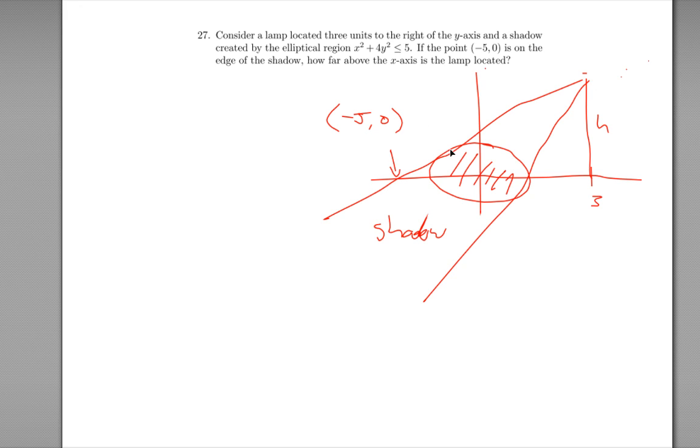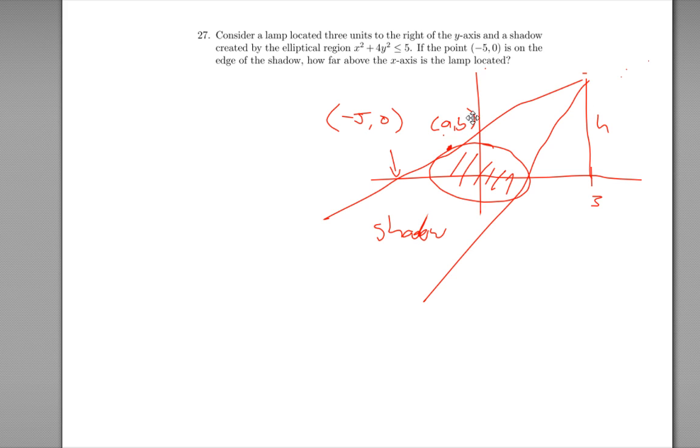I know it doesn't look like a tangent line, but it's a tangent line to this ellipse at that point, and we'll call that point (a, b). Okay, so this comes from here all the way down, hits this in a tangent way, just scrapes the edge of the ellipse, keeps going, and it crosses the x-axis at -5, 0. And so the question is, how high is h?